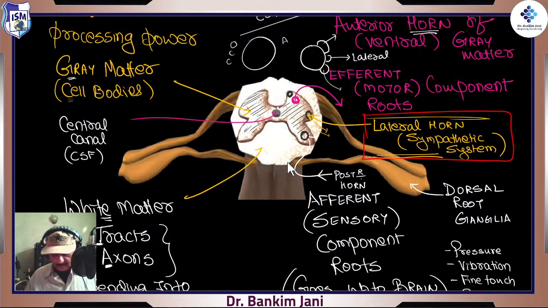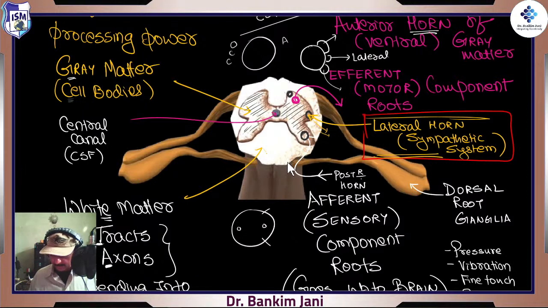It means when this is the spinal cord, and then we have got a lateral horn. Right now I'm just drawing the lateral horn. These lateral horns will be sending those fibers which will be controlling some organ. But then from where will they come out? They will come out via those roots only.